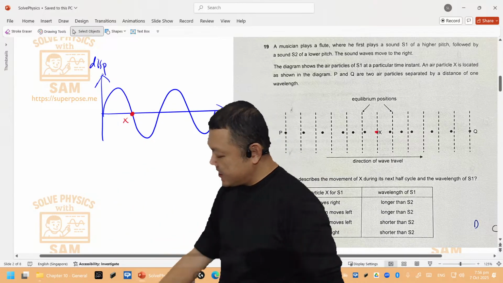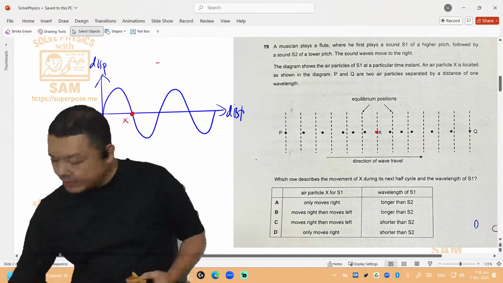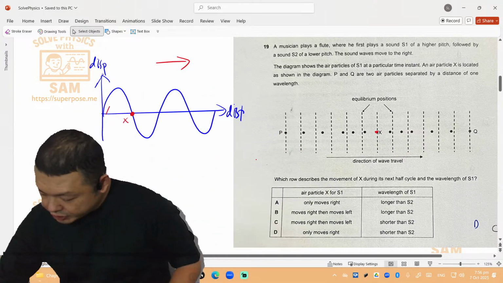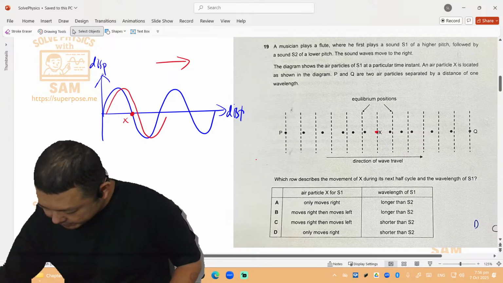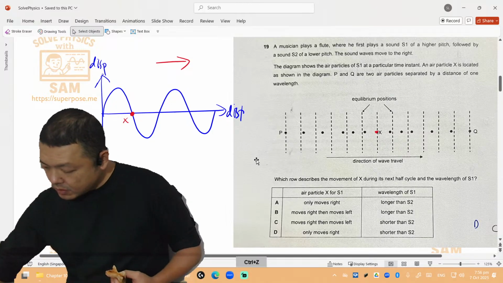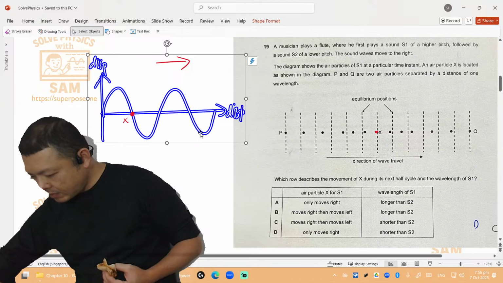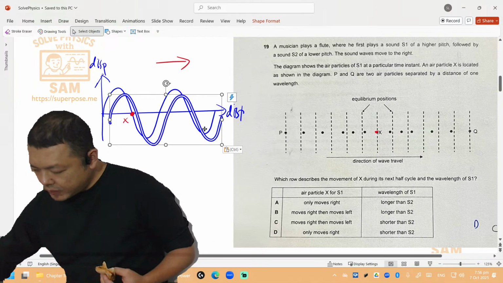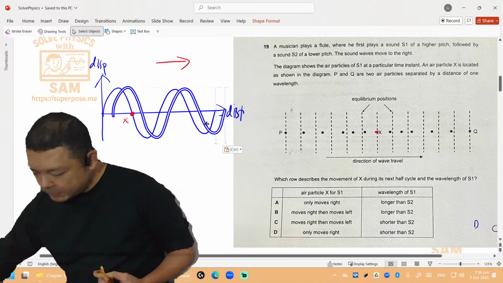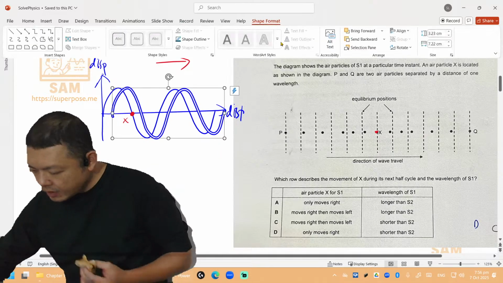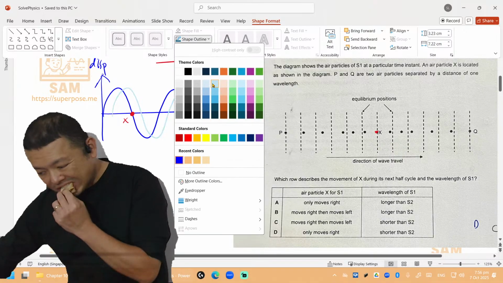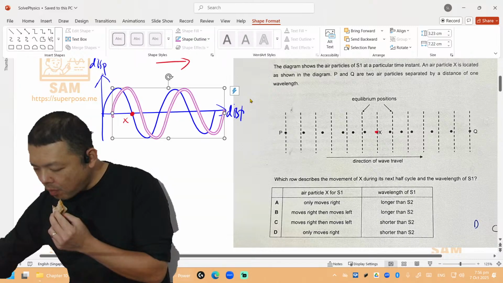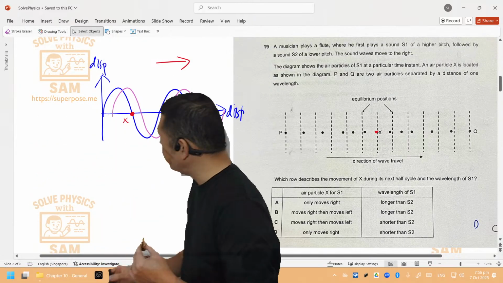But now I'm going to ask you this. The wave is traveling towards the right. So you have to draw a wave shifted to the right like that. You see that? So you have to shift the wave to the right side like this. Right?